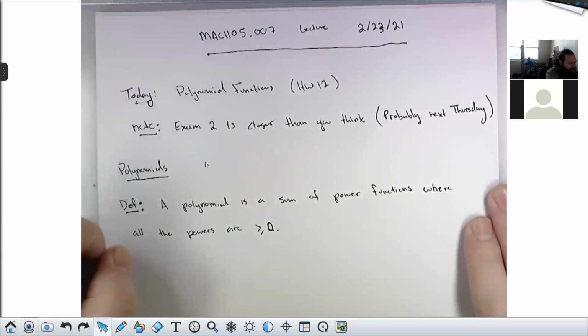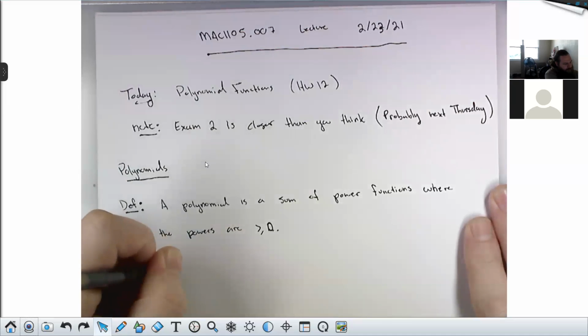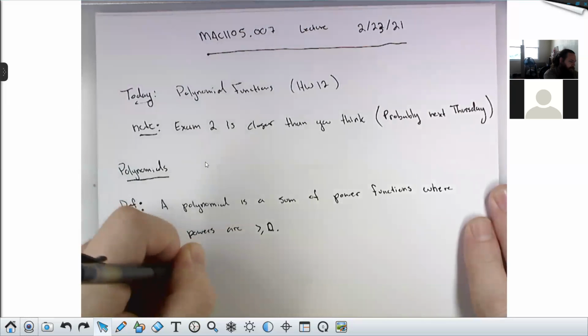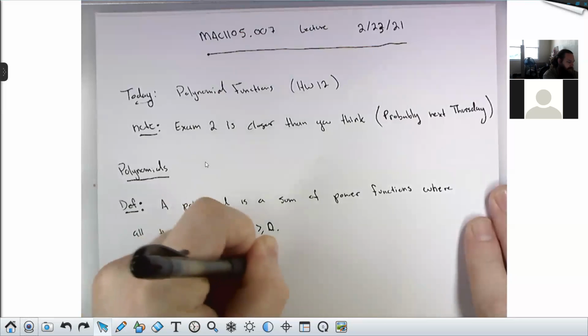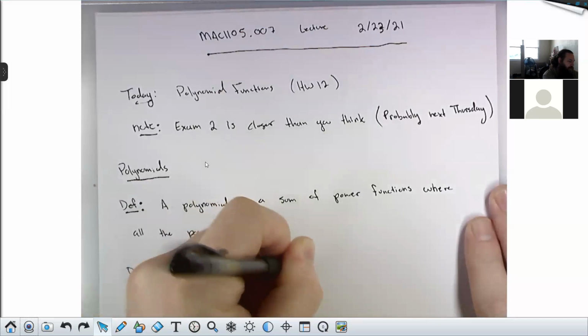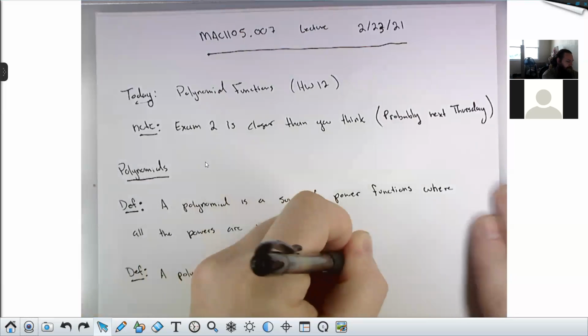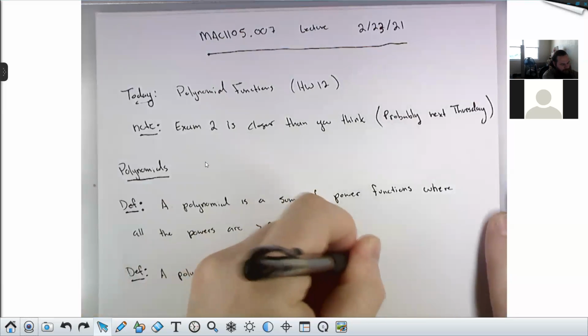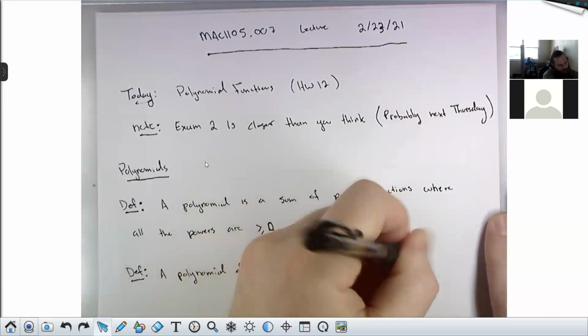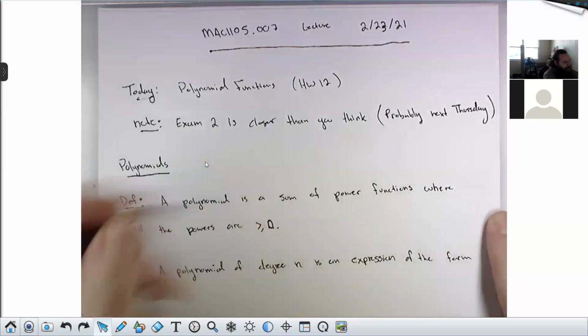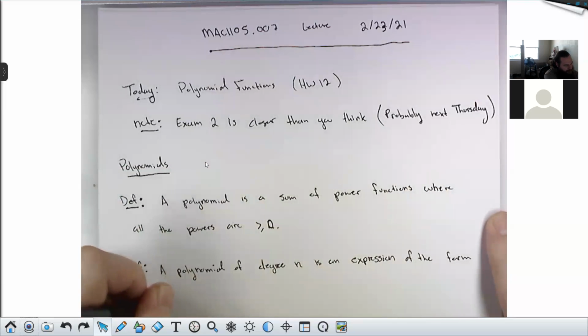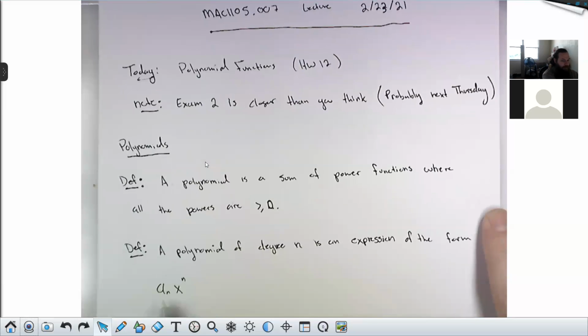The more standard definition, but it looks a little scarier, says a polynomial of degree n is an expression of the form a_n x to the n. And look at that, that's like a power function, right?